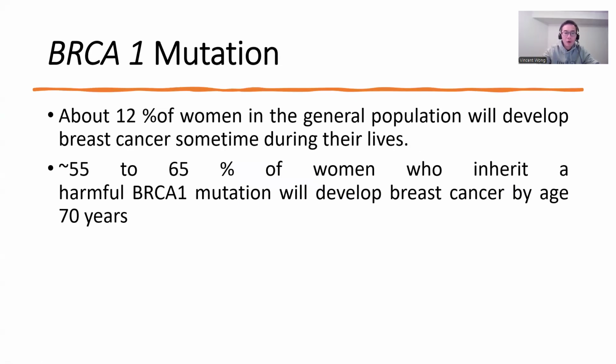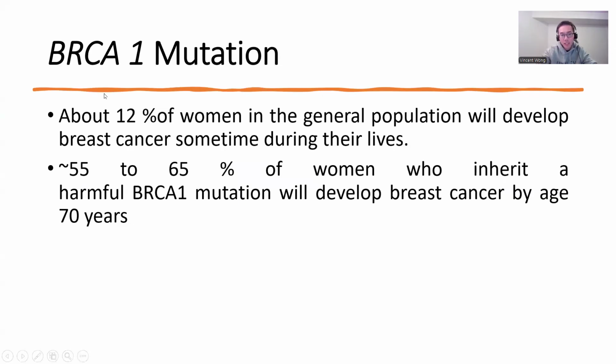However, for women who inherit a copy of the mutated BRCA1 gene, if they inherit a broken red light, so to speak, then the chance of getting breast cancer by age 70 is 55 to 65%. Right? And this should make sense to you.